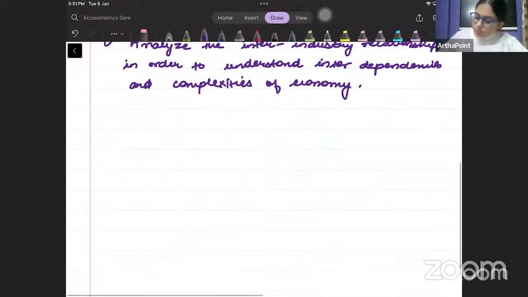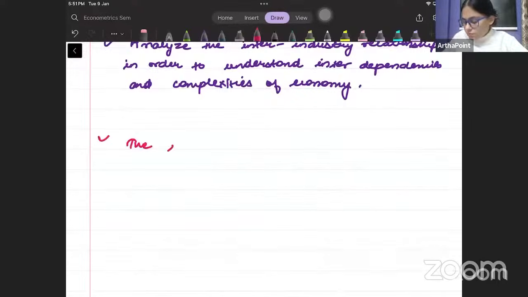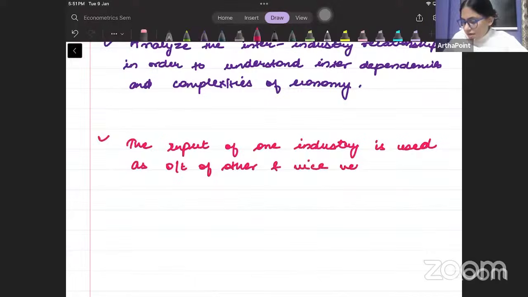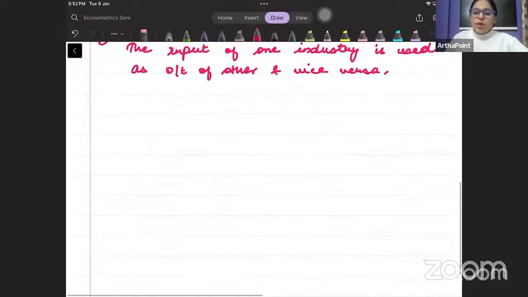So we can say that the input of one industry is used as output of other and vice versa. एक का आउटपुट दूसरों के लिए इनपुट का काम करेगा and vice versa. इसी को हम इनपुट आउटपुट इंडस्ट्री का नाम दे देंगे, या इनपुट आउटपुट मॉडल या इनपुट आउटपुट मैट्रिक्स का नाम देंगे. ओके बेटा, now there are some assumptions, and these assumptions are important from the point of view of exam.